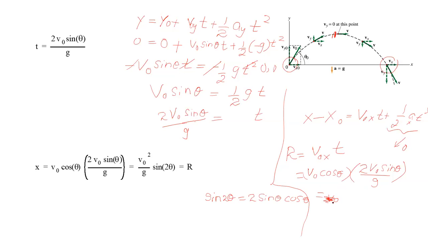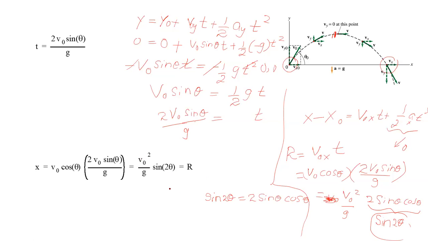So let's say v naught squared, I have g in the denominator, and I have 2 sine theta cosine theta. This trig is from math class, I did not make it up, sine 2 theta. That's how you get v naught squared over g times sine 2 theta as R.